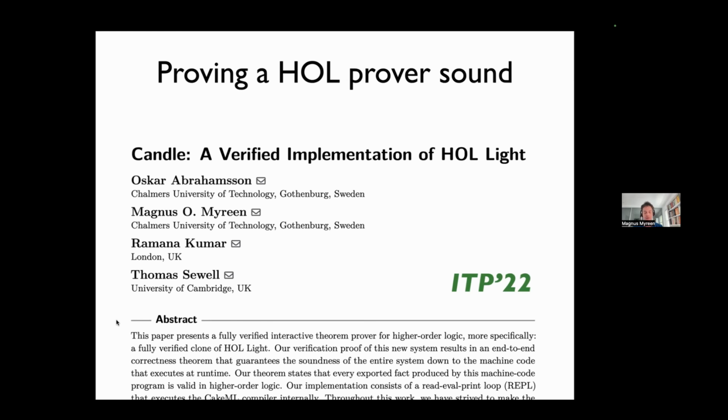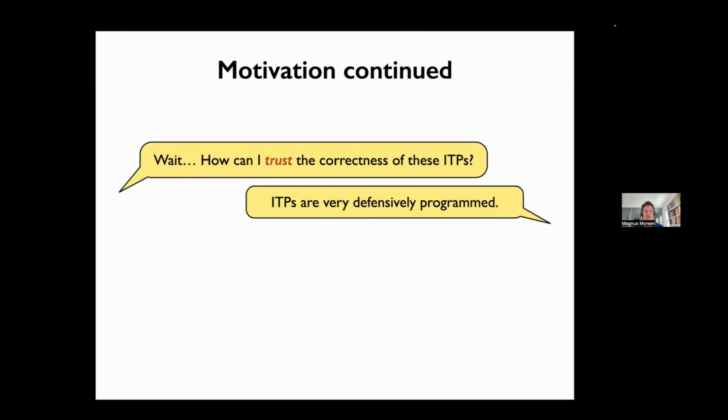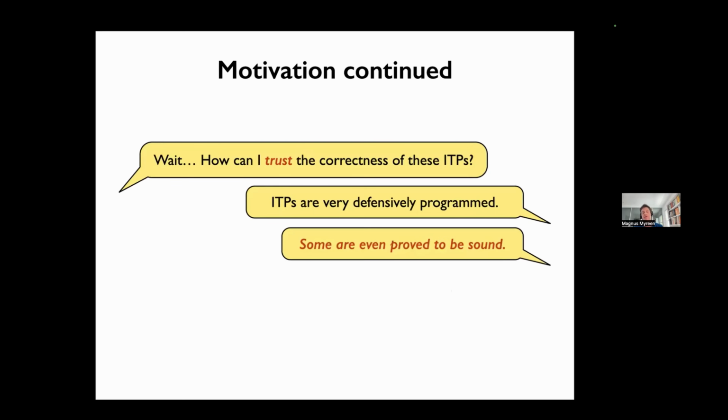Okay, so now if we go back to the motivation which I started with, remember we said, how can I trust the correctness of these ITPs? Well, I said ITPs are very defensively programmed. And now we can say some are even proved to be sound, because that's what this Candle prover is.